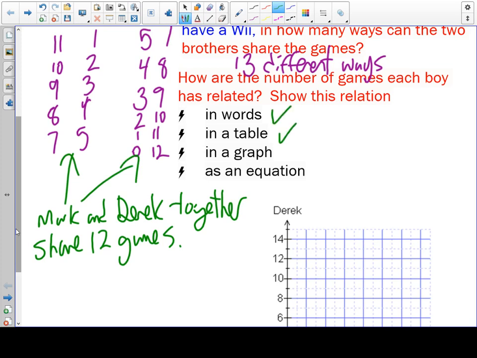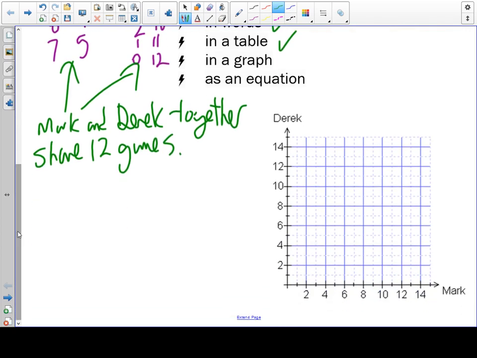Now, what would a graph look like? We've got Mark has 0, Derek has 12. Then Mark has 1, Derek has 11. Mark has 2, Derek has 10. Mark has 3, Derek has 9. Mark has 4, Derek has 8. Mark has 5, Derek has 7. They both have 6. Mark has 7, Derek has 5.